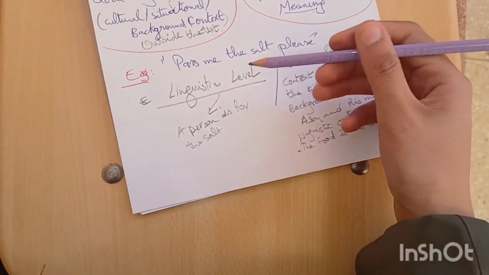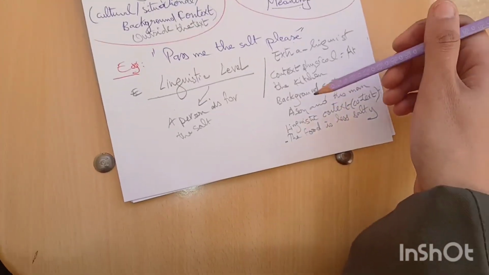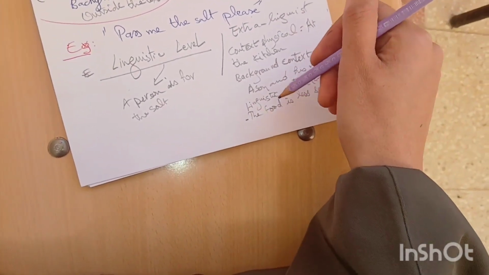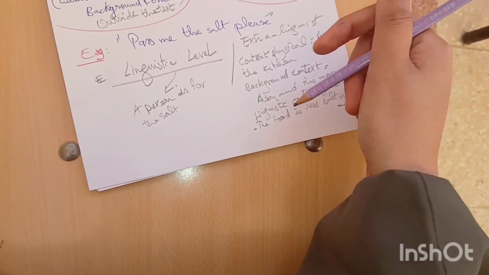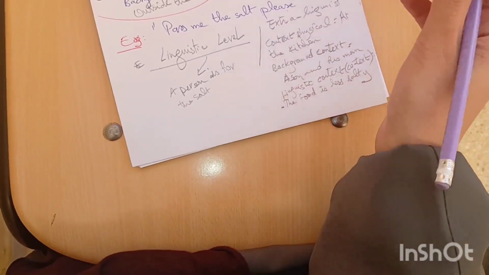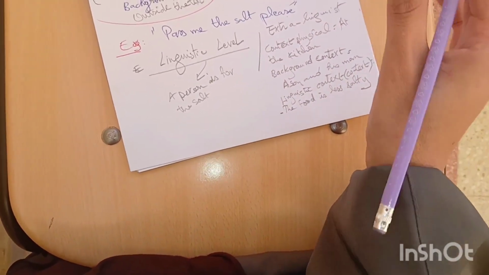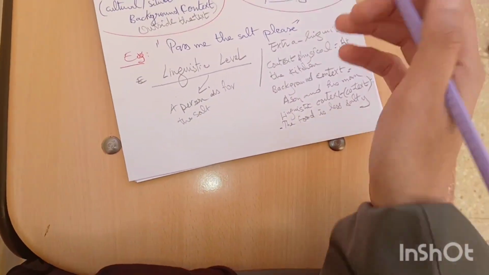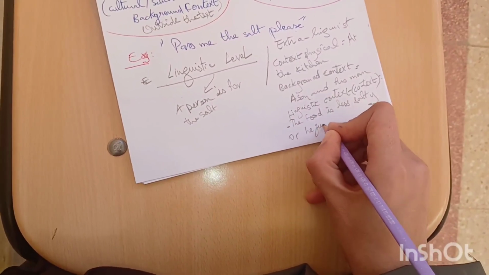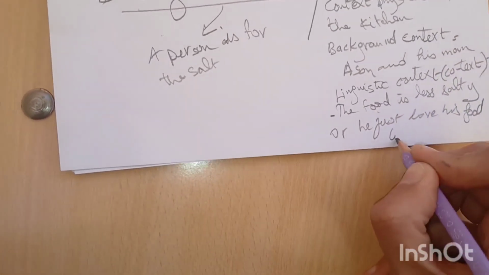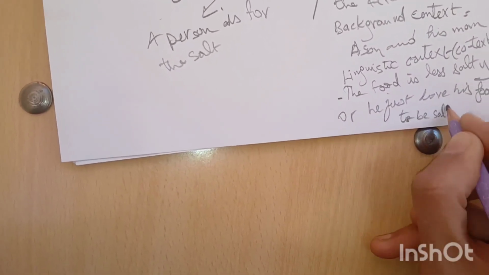A son tells his mom, for example, "Pass me the salt," when they are in the kitchen having lunch or dinner, to signify that the food is not salty enough, or less salty, so he has to add some salt to make it taste better, or he just loves his food to be a bit salty.